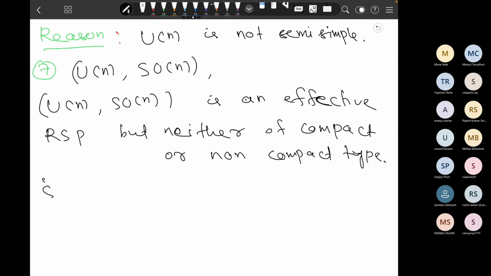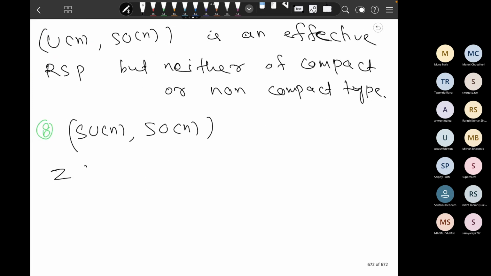So now let us see the next example, 8. You look at this SUN mod SON. So Z of SUN is lambda I, so that lambda to the power n is equal to 1. And this is finite.